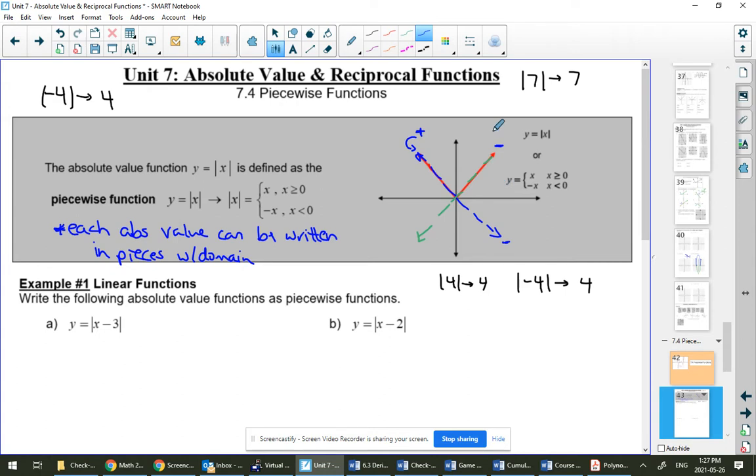So what we can say is, if I want to write it using the blue one, when all of my x's are positive, then all of my x values are greater than or equal to 0.